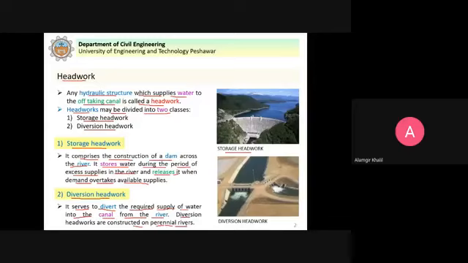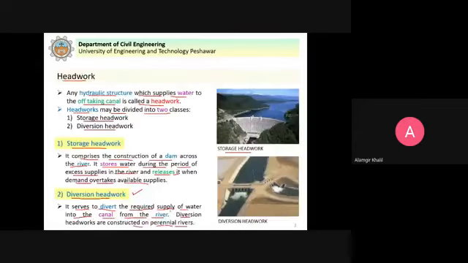So we will study in detail about the diversion headworks in today's lecture. What is diversion headworks? As we already studied, we divert the required quantity of water to the canal from the river through the diversion headwork. So we formally define it.